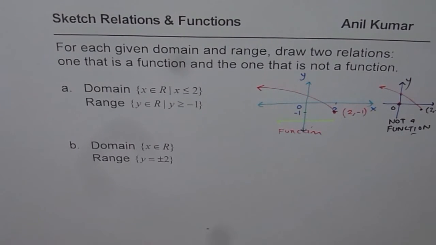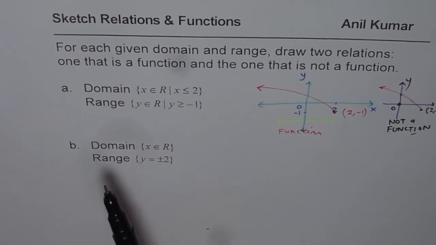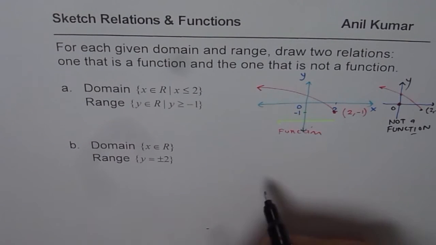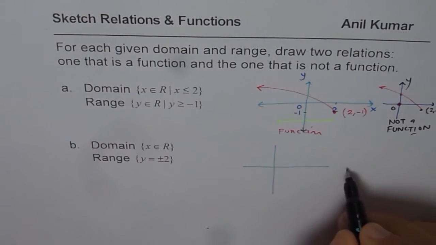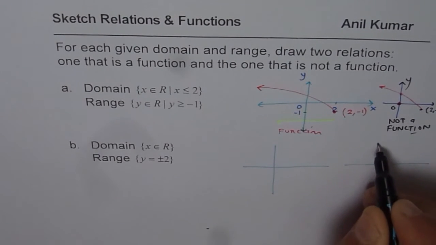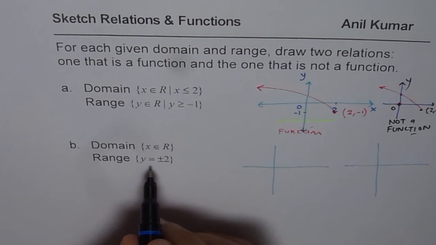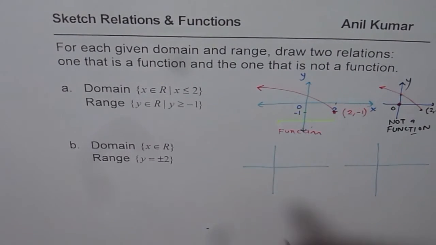So that is how you could sketch a relation which is a function and which is not a function, right? I'd like you to pause the video and answer the second question yourself. Here is my suggestion. We're looking for a domain which is all real numbers, and we are looking for range which is just plus and minus 2. So when we want this to be a function, in that case we are not looking for any overlapping, right?